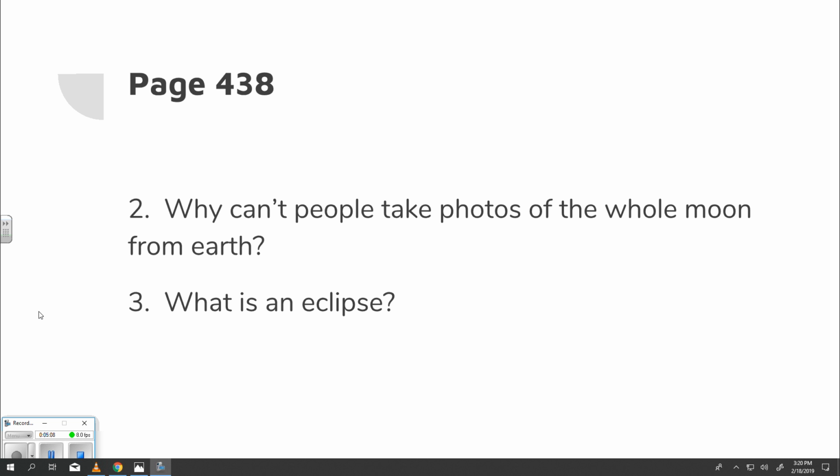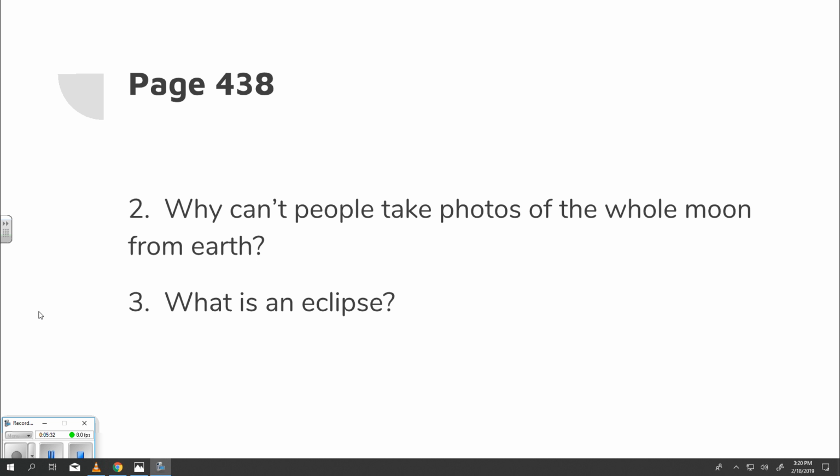Because the moon's rotation and revolution take about the same time, observers on Earth always see the same side of the moon. People can observe the other side of the moon only by looking at images taken by spacecraft.